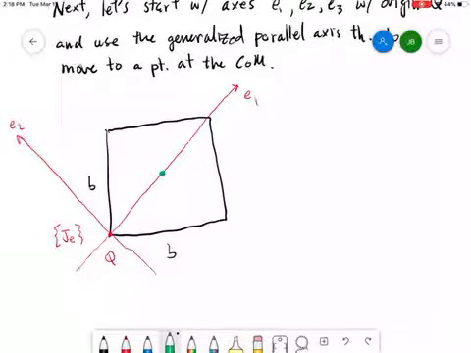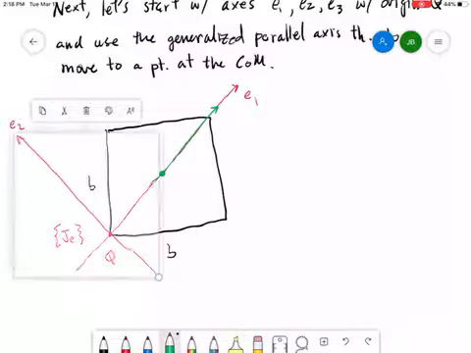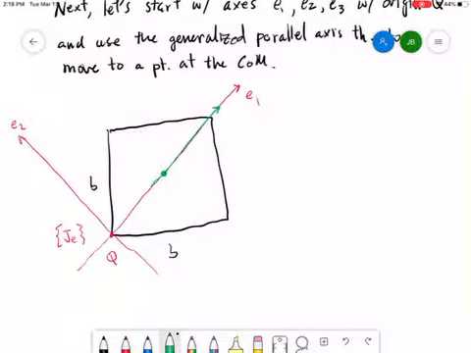and we're going to say, let's find the rotational inertia for a point O, which is at the center of mass. Now the axes that we're going to end up working with are going to be parallel to the axes we started with. So they'll be along the diagonal, and there'll be one that's coming out of the screen.